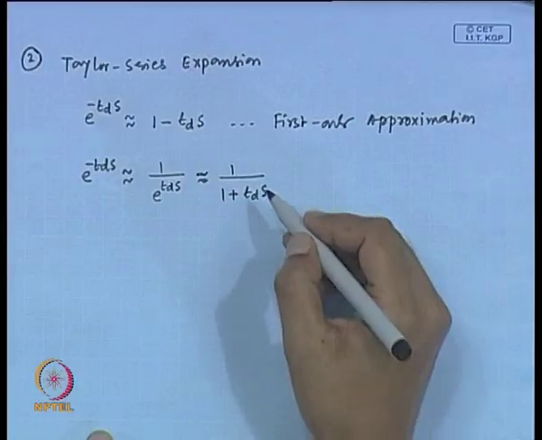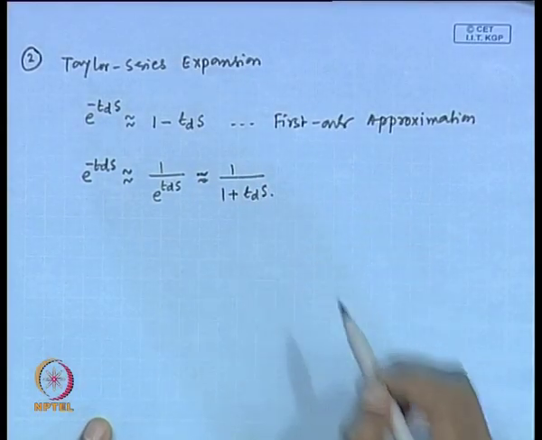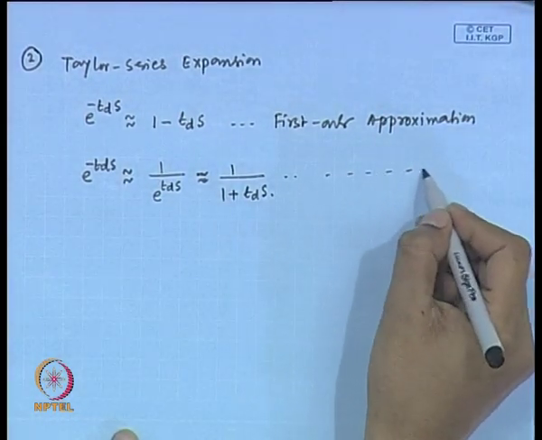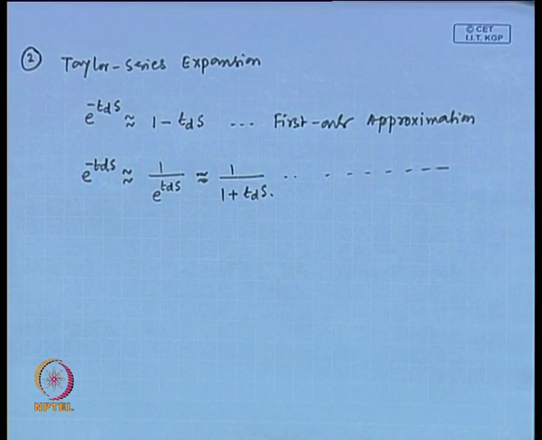Exponential of minus TDS equals 1 by exponential of TDS, and that is equal to 1 divided by 1 plus TDS. This is also first order approximation, first order Taylor approximation.